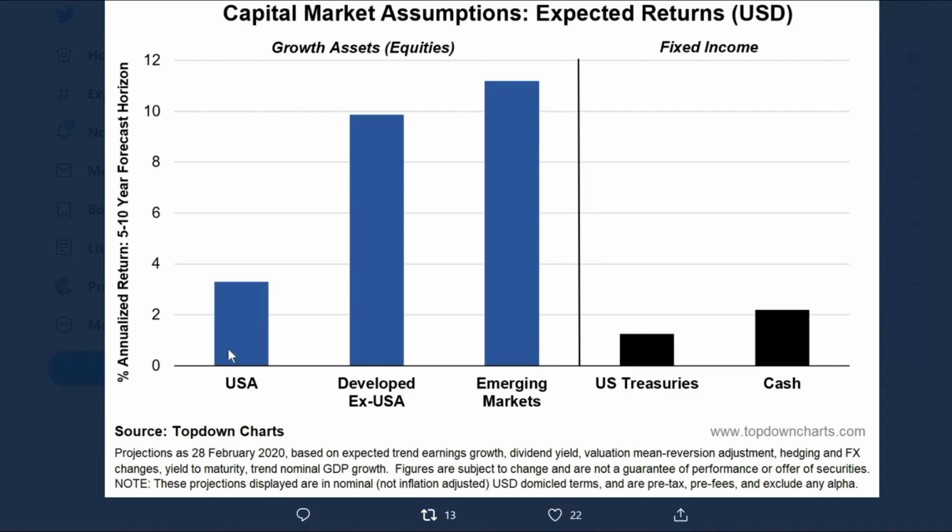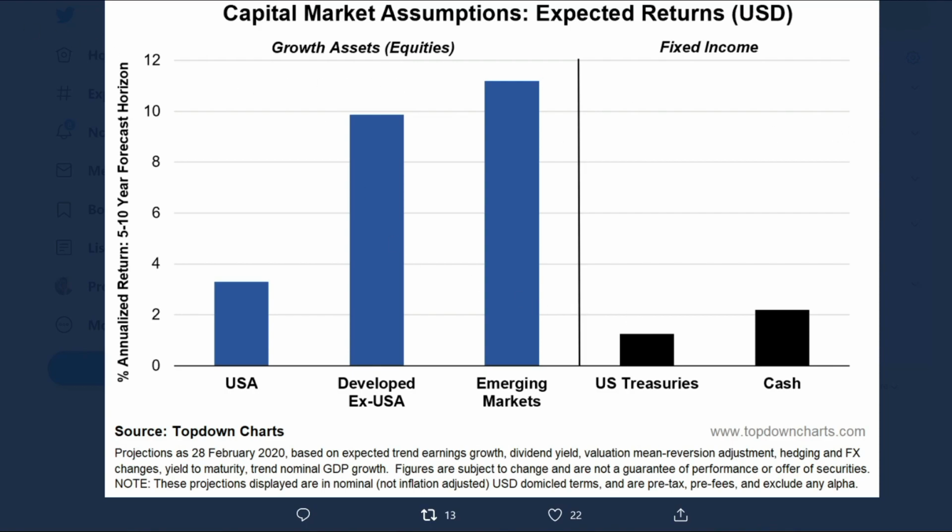For equities, it's a little bit more complicated. It's made up of things like dividend yield, valuation mean reversion, and trend earnings growth. But we've gone from this time last month, when US equities were actually a small negative because of where valuations had got to, and treasuries were obviously a lot higher.